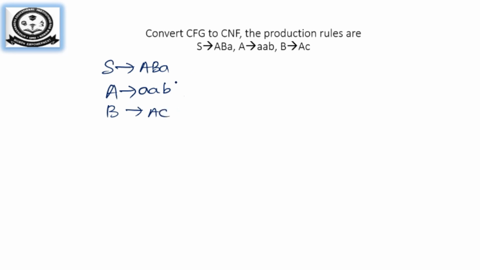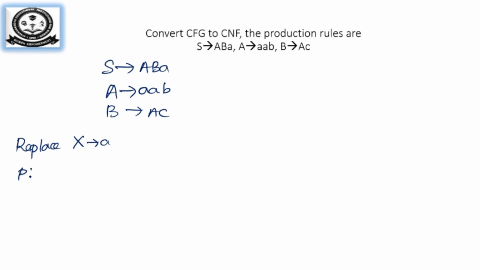You can see there are multiple terminal symbol combinations, so you have to remove them. We will replace with production rules like X tends to A and Y tends to B. Do I need Y? Is there a combination? No. So first we will replace with X tends to A.